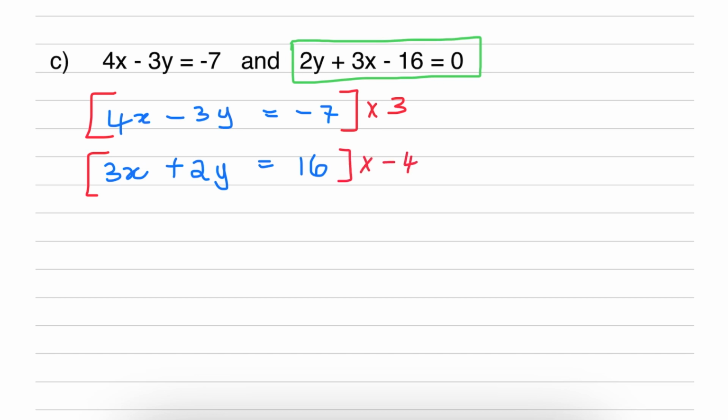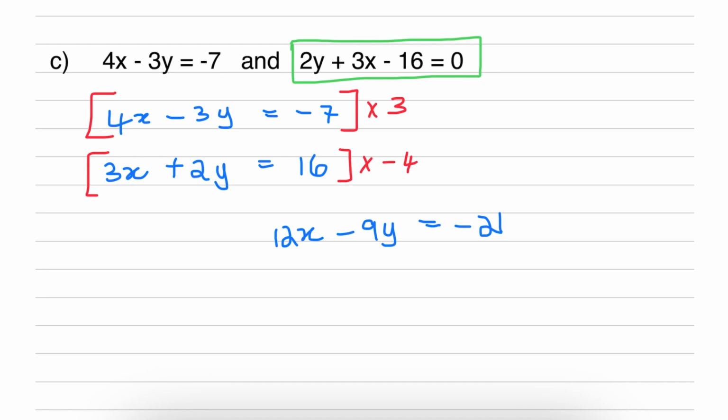And you're going to see in a second why I'm choosing to multiply by these constant values. So when we multiply 4x by 3, we get 12x minus 3y times 3, that's 9y, equal to negative 7 times 3, which is negative 21.